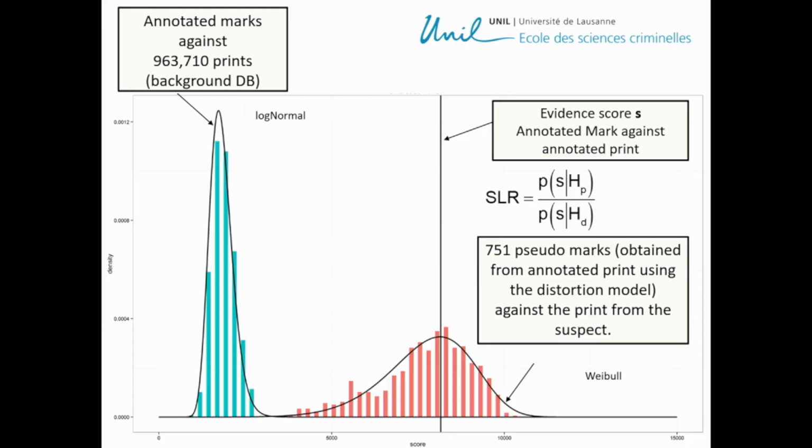So we have a distortion model that takes a finger mark, distorts it in all the ways you'd expect from different movements of putting that mark down, and then checks the score versus itself. The likelihood ratio comes from comparing the probability that you get a particular score in the one distribution, the green one, versus the other, the red one. And it gives you a ratio of those two probabilities.